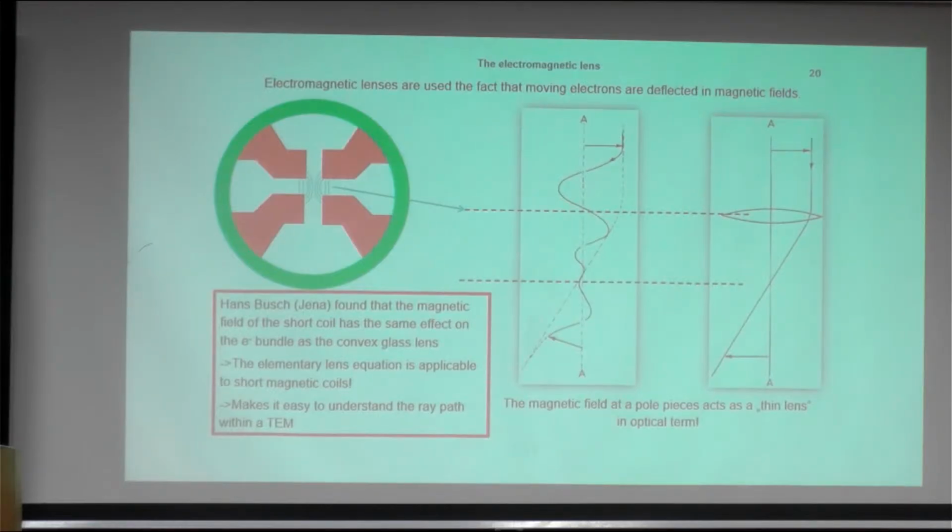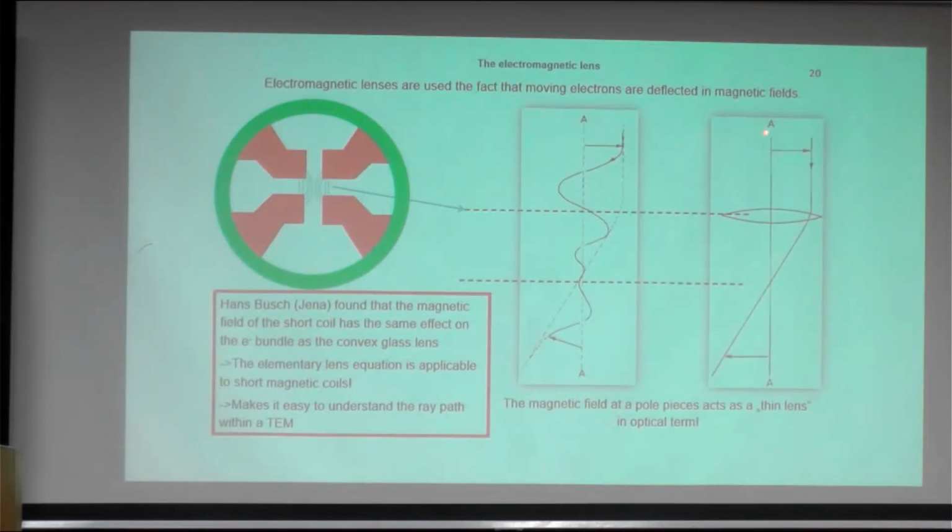One is that these pole pieces strengthen your magnetic field. You know that electrons in magnetic fields are deflected, and they make a circular rotation in the field. If we make an analogy to the optical lens, these pole pieces act like small glass lenses. So they are used for focusing or defocusing.